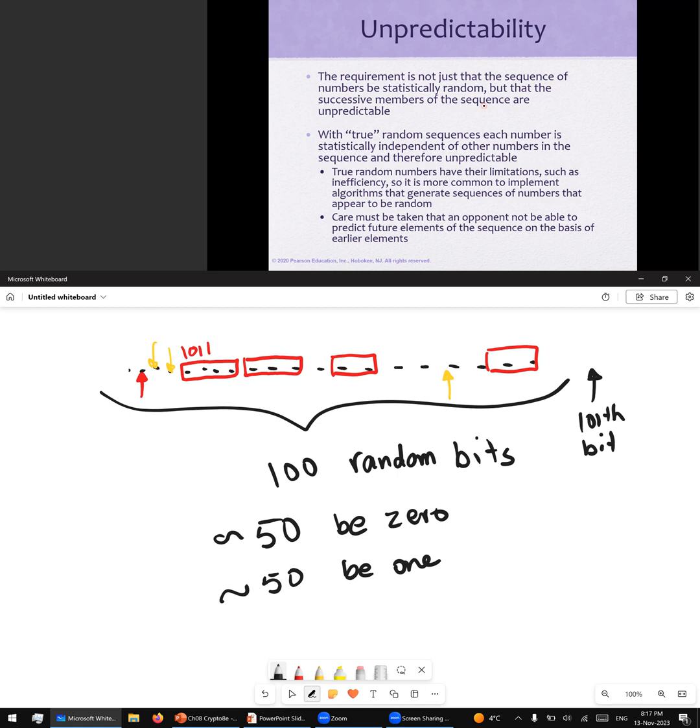So every bit should be unpredictable from any sequence of bits that you have prior to it.